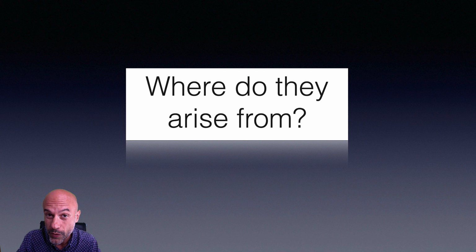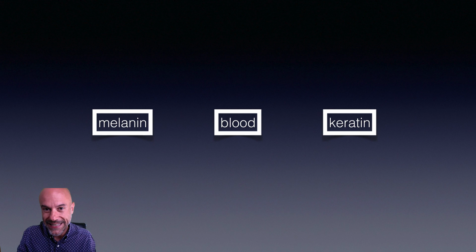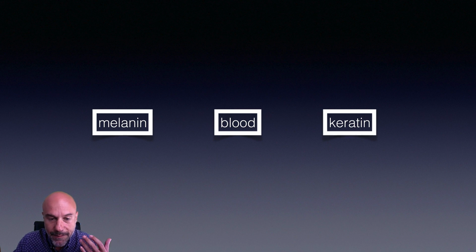So we see colors because in the skin there are some substances that have a chromatic effect, a chromatic result, and the main skin substances that are chromophores are these three: melanin, of course melanin, but also hemoglobin, blood, and keratin. There are additional substances with a color effect, but these are the three main ones.